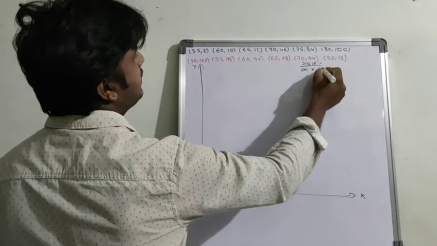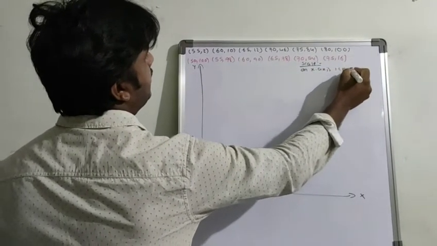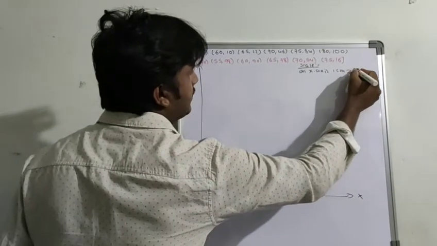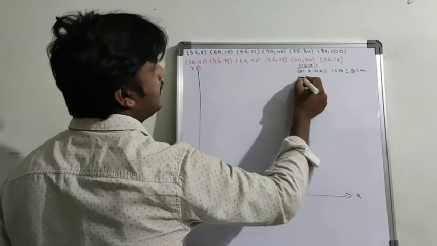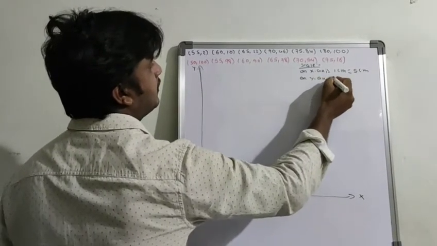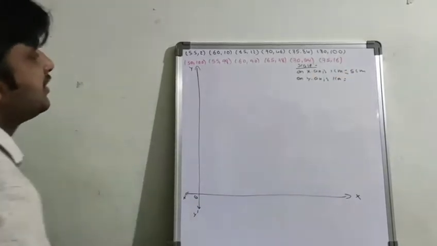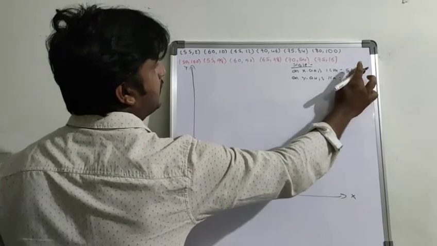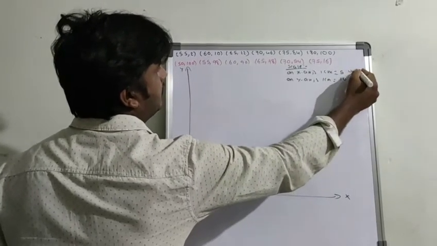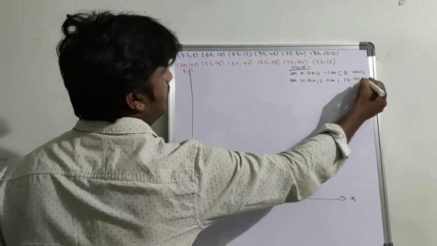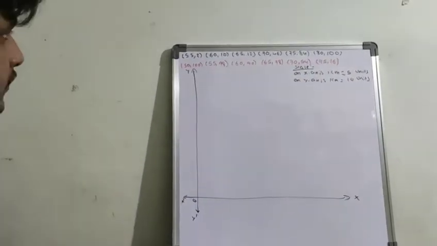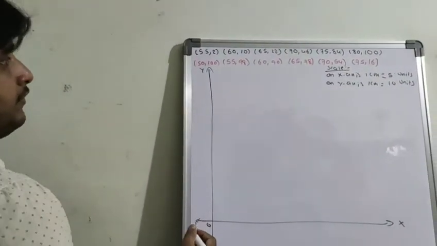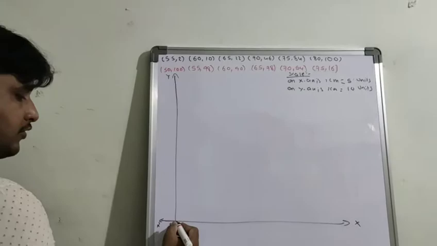On the x axis, 1 centimeter is equal to 5 units, since the difference between 55 and 60 is 5, so that 5 I am taking. On the y axis, 1 centimeter equal to, it is better to take 10, that is easy. So 10 units. So first of all, on the x axis we are starting from 50, so you have to use the kink.